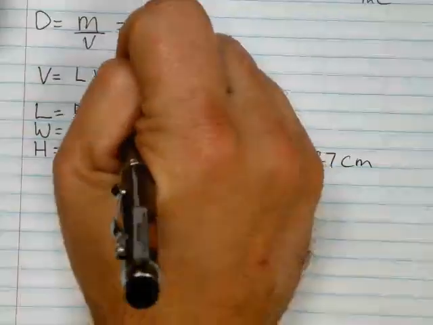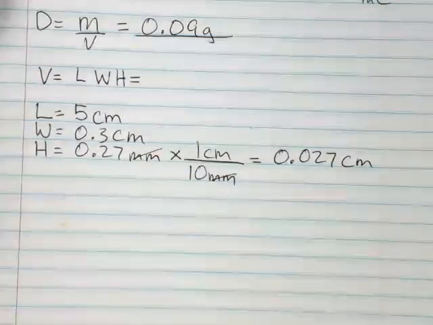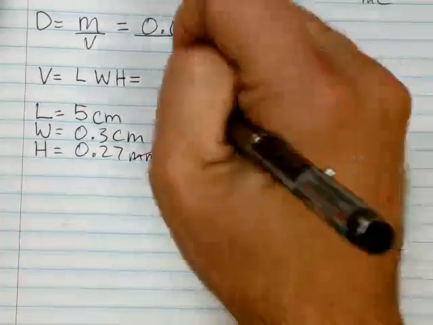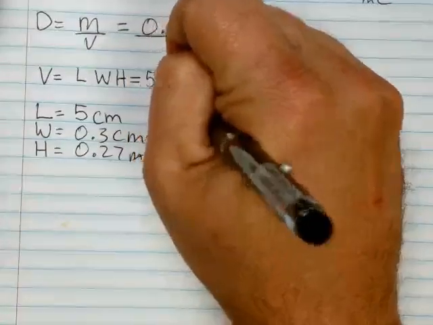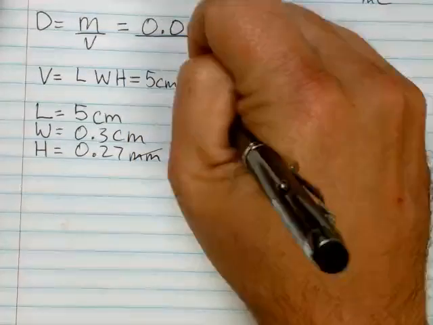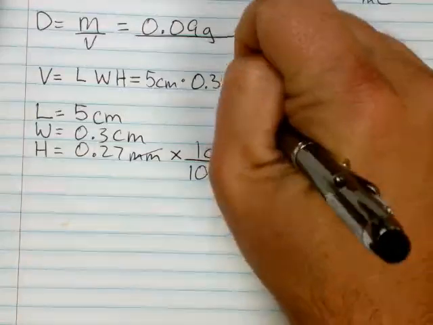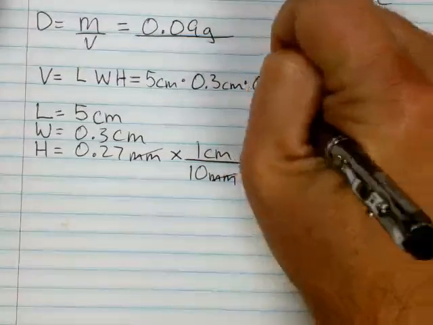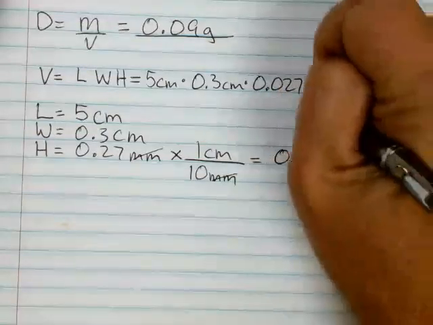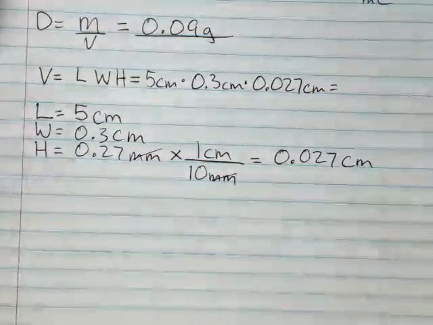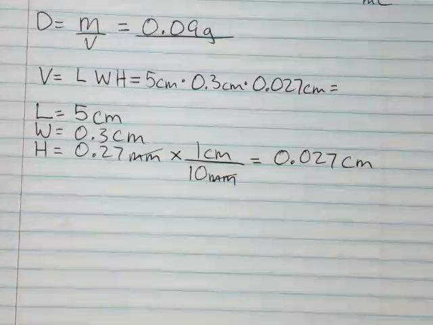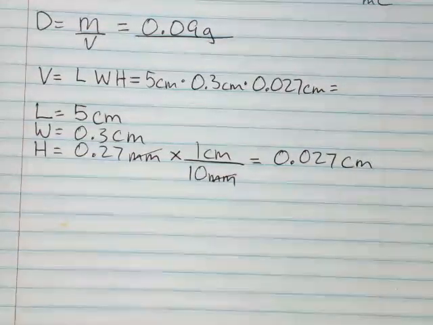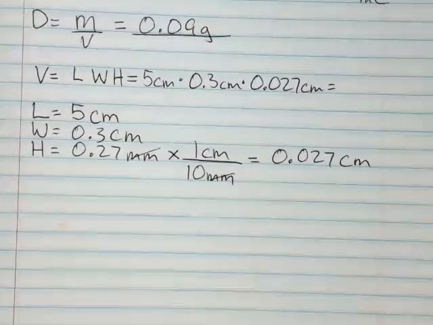So now we have our length, our width, our height. We just need to plug in those numbers and calculate. 5 centimeters times 0.3 centimeters times 0.027 centimeters. And what do you end up with? Has anybody calculated this one yet?